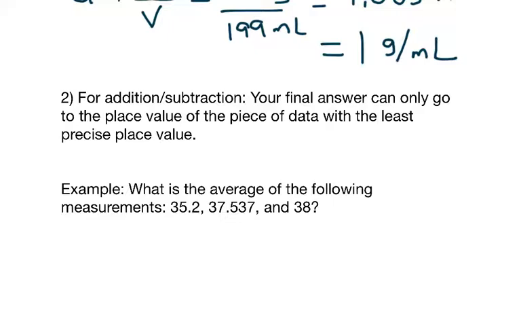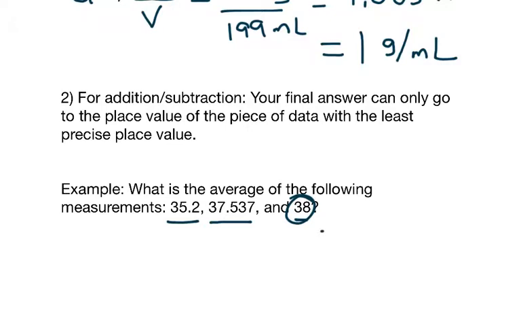So for example, if you look at these measurements down here, this goes to the tenths, this goes to the thousandths, but this only goes to the ones, which means when you add them up and divide by 3, you're going to have to round to the nearest whole number, because you can't exceed the place value of your least specific measurement.